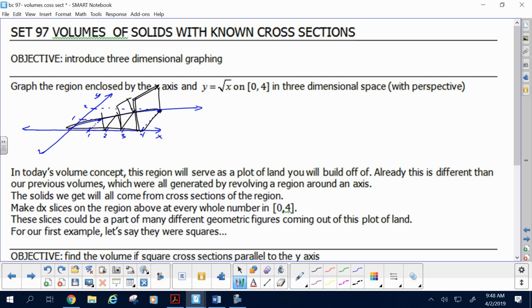And it gets smaller and smaller, and it would look something like that, yeah? It could be the case that each of the cross sections are semicircles, in which case it would look more like a cornucopia kind of thing. Could be the case that those are triangles.